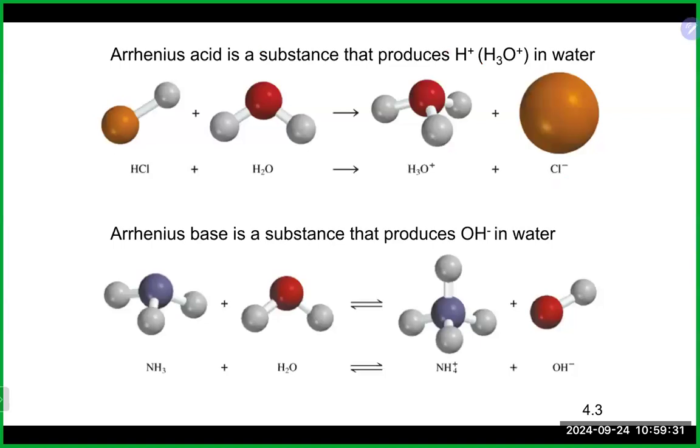Now, an early definition of an acid and a base is the Arrhenius definition. An acid is something that produces H plus ions in solution. H plus is the hydrogen ion.